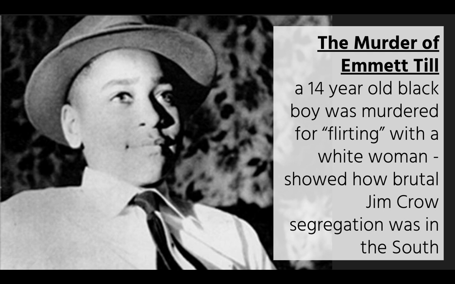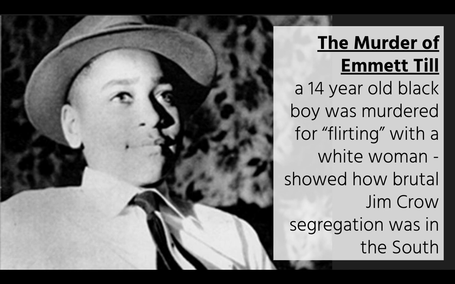She accuses him of having flirted with her, said inappropriate comments, and touched her. And later we find out that she made it all up. He did nothing wrong. And these grown men tracked down this boy, pulled him out of his bed at night, and murdered him. Dumped him in a lake.